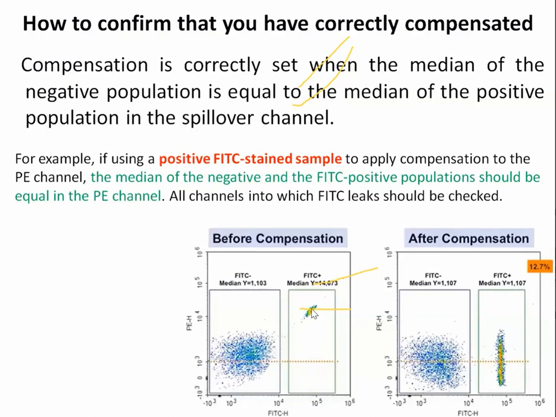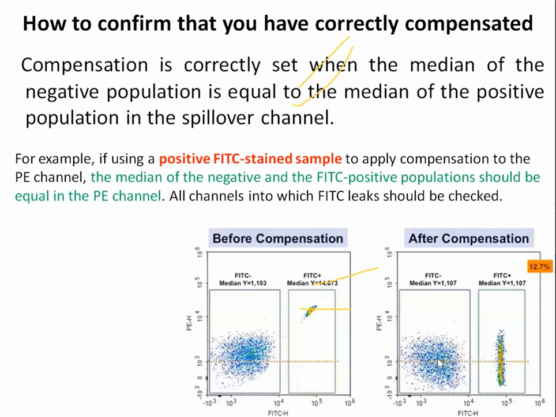Now I've run the controls and then I have compensated them. I've run a FITC only control and now I have compensated them. So how do I know that it has been ideally compensated? Because I need to have a mathematical calculation to check it. So statistics.